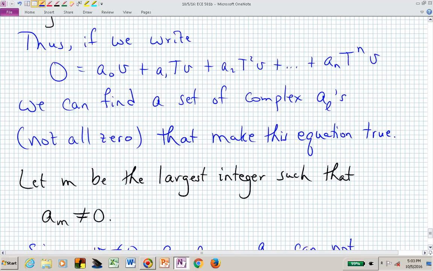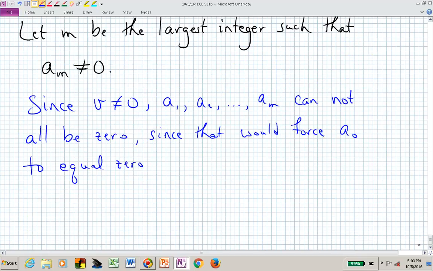Since we're saying that that combination is 0, if a1 through a sub m were 0, then we would have a sub 0 v is 0, and we know v is non-zero. So if all those a1 through a sub m are 0, that would force a sub 0 to be 0. And we know that can't be true.